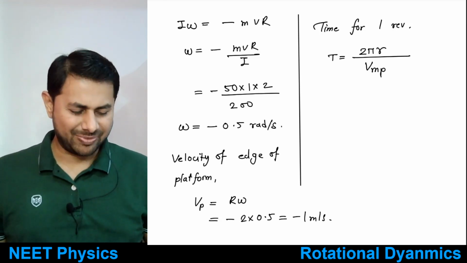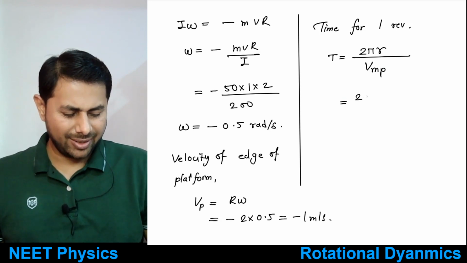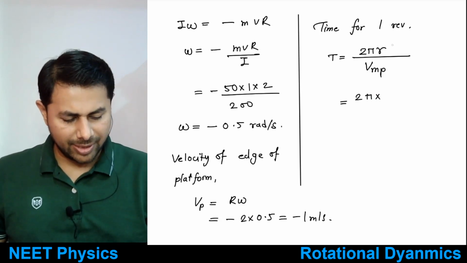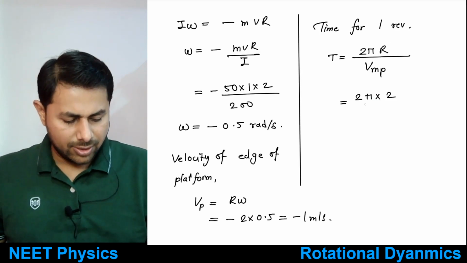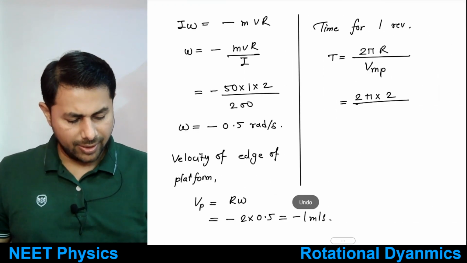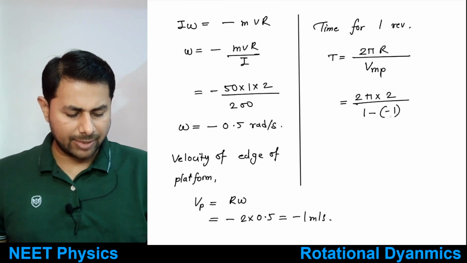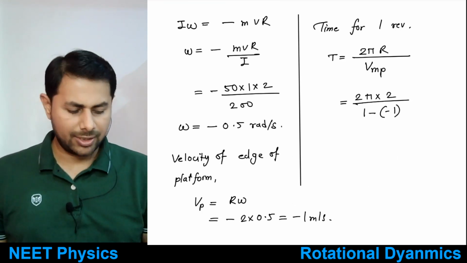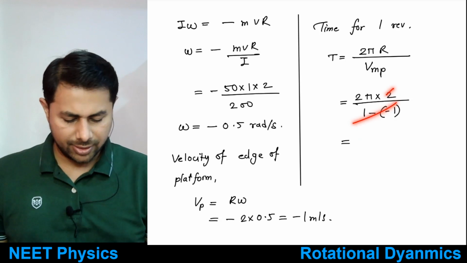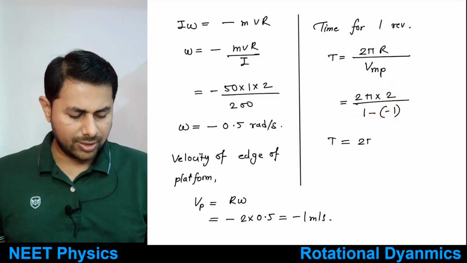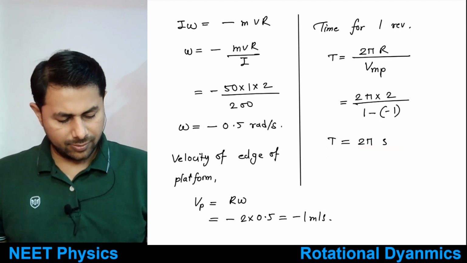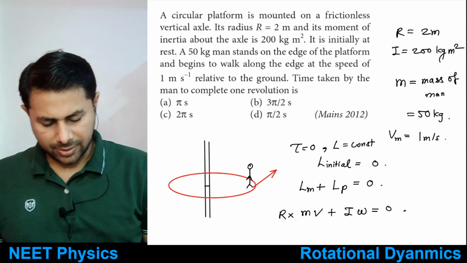So t is 2 pi multiplied by r, which is 2 meters, divided by the velocity of the man, 1, minus the velocity of the platform, minus 1. The platform is moving in the opposite direction, so 1 minus minus 1 means 2. The 2 and 2 cancel, so t is equal to 2 pi seconds, right? So that is the answer, option C.